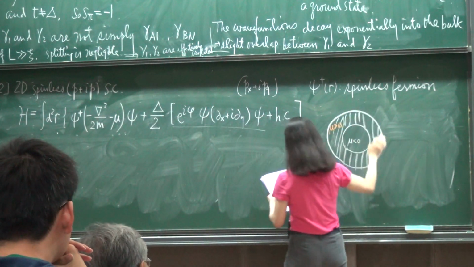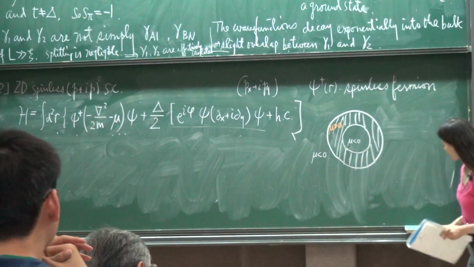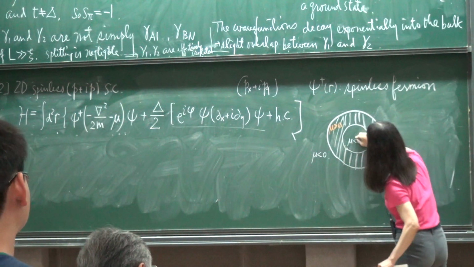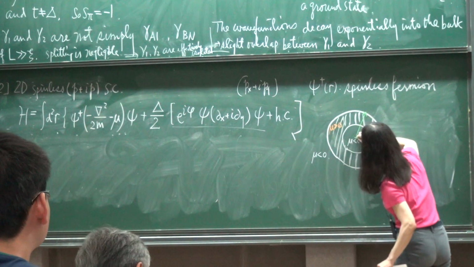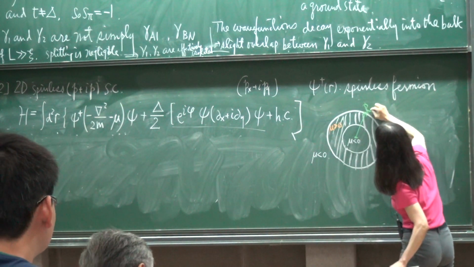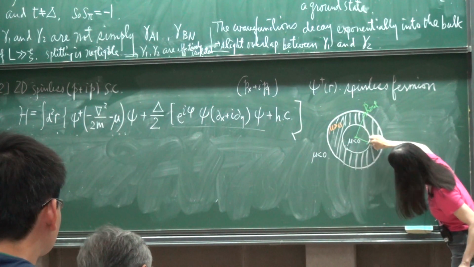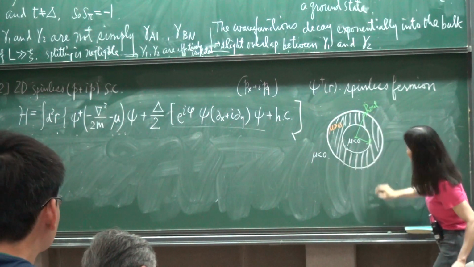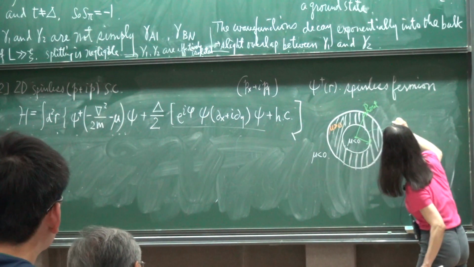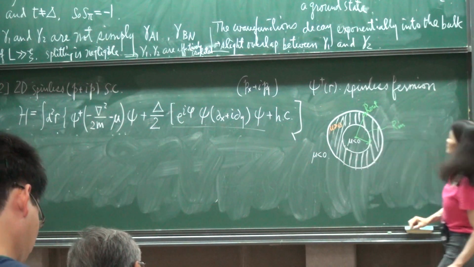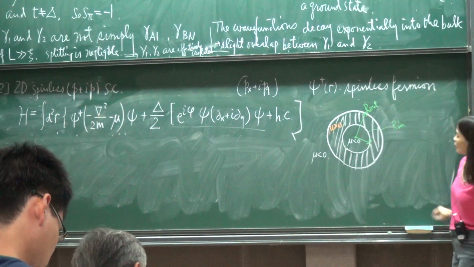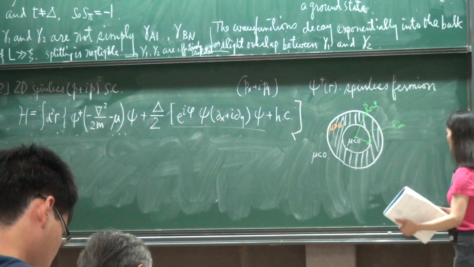Okay? So in this case, I have a radius. This external radius, I call it R out. And this internal radius, I call it R in. Then what's happening is the following.